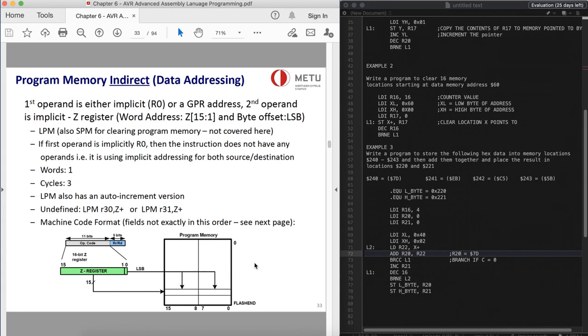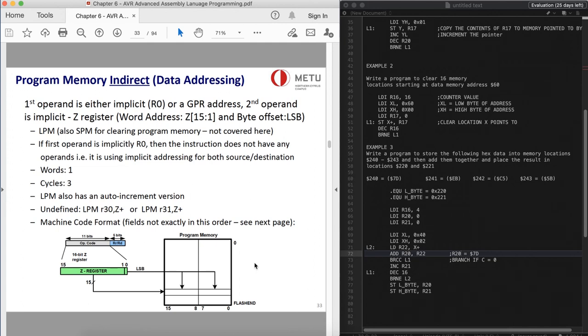And this program memory addressing also has a post increment version, which we call auto increment. So you can just use LPM Rn, Z plus. The contents of Z increments after each execution, like we have done with the memory indirect operations.